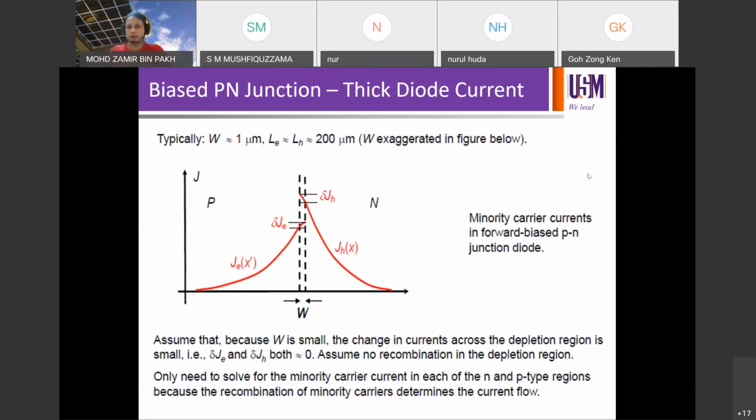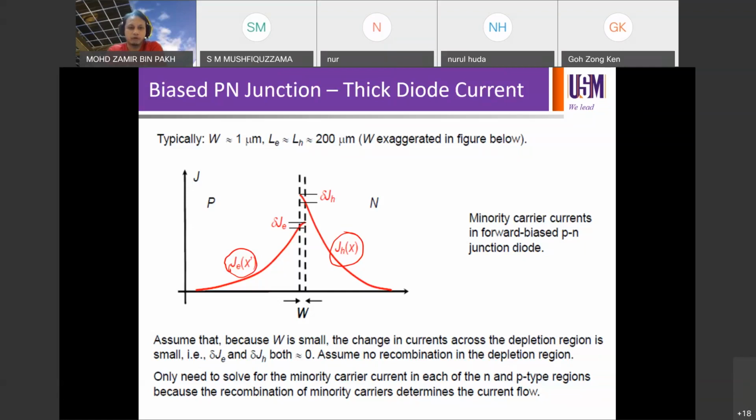That's why we need to use JHX on the right hand side in the n-type, for the holes, and on the left hand side in the p-type we need to use JEX, because holes on the right hand side are the minority carriers in n-type, and electrons are the minority carriers in p-type on the left hand side. And yesterday we also discussed the magnitude of the current density in the quasi-neutral region.